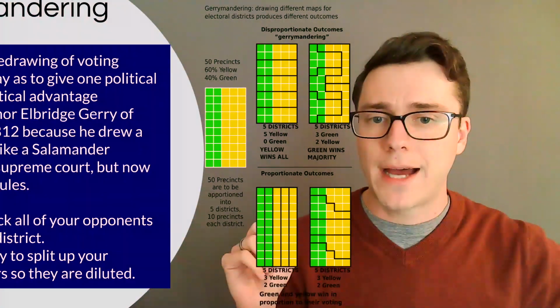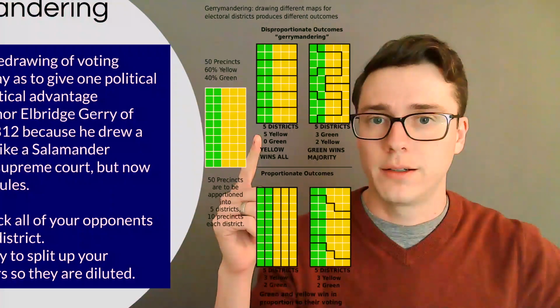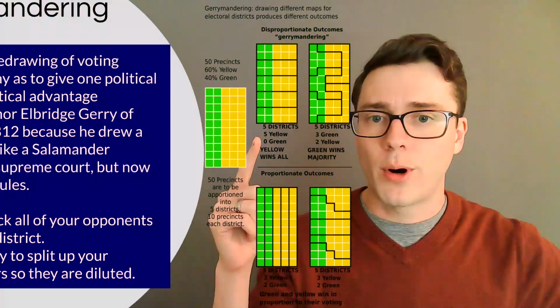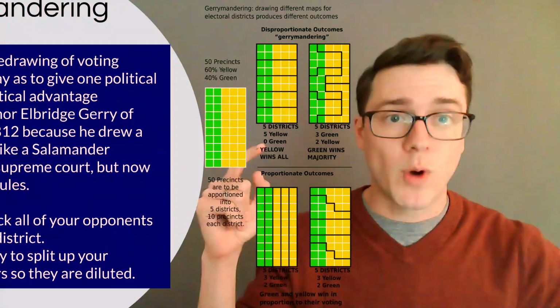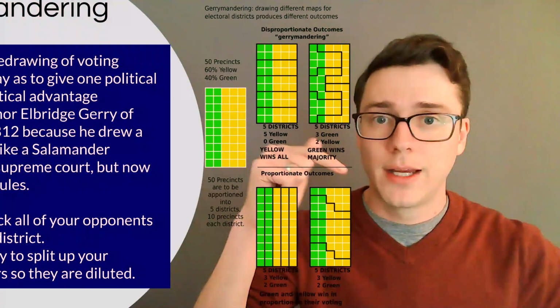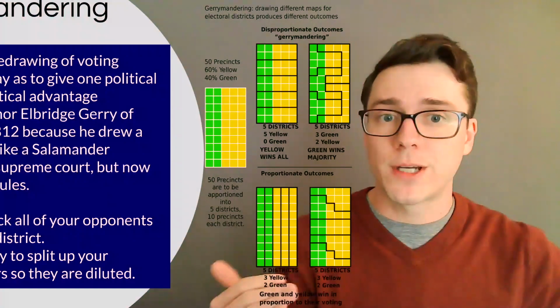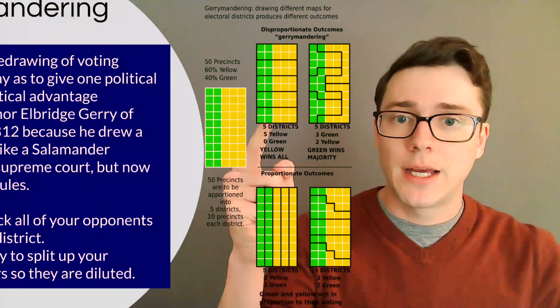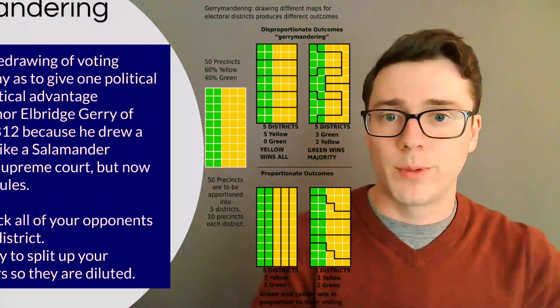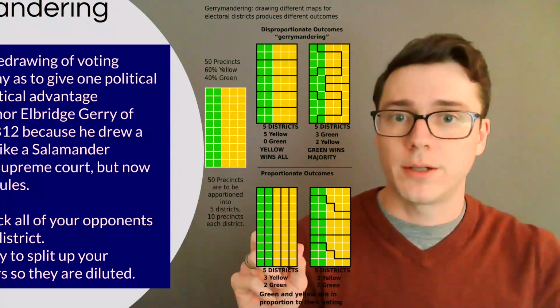So if we look at this top left one right here, let's say the yellow party is in power, and they draw the line across that way. That gives them the advantage in every district, which would mean even though 40% of the people voted for green, still all 5 districts would be represented by the yellow politician.